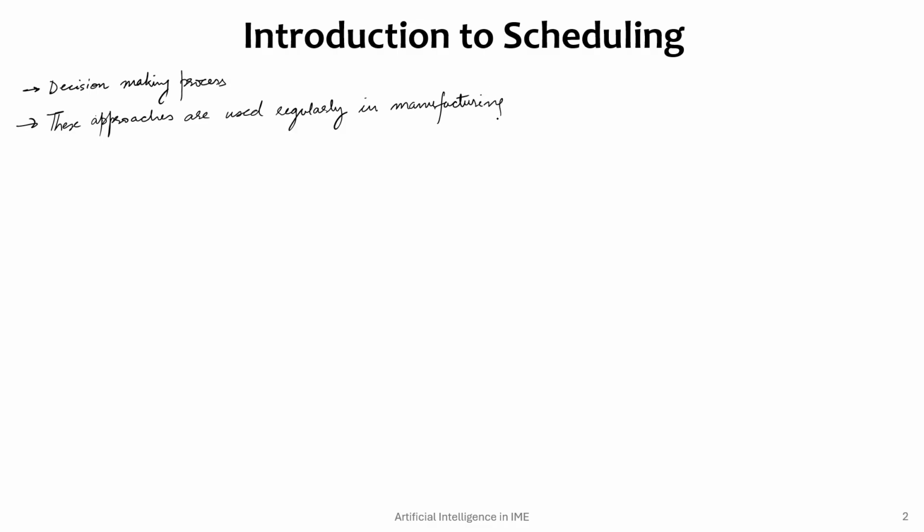Scheduling is a decision making process. Now these approaches are used regularly in manufacturing and service industries.